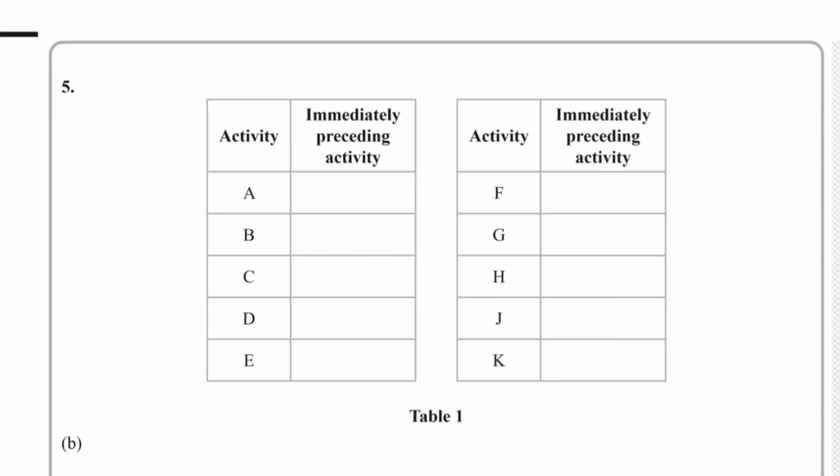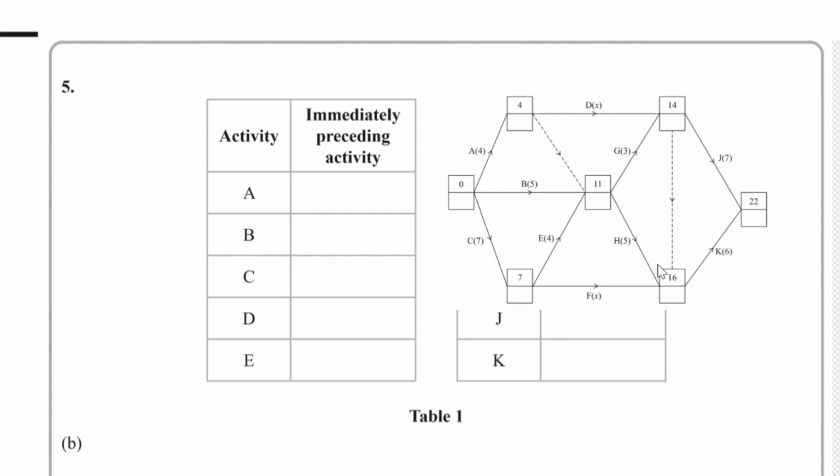So here we've got table 1, and I've provided a copy of the network. Now what you can see is A, B and C rely on nothing. So for each of those we can put a dash. Now if we take a look at D, D depends on A only.